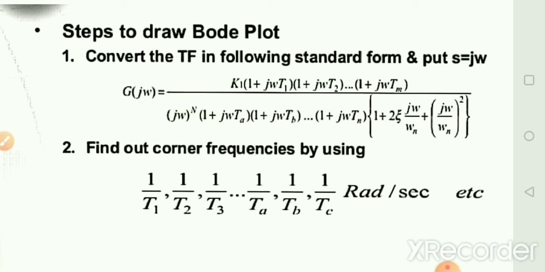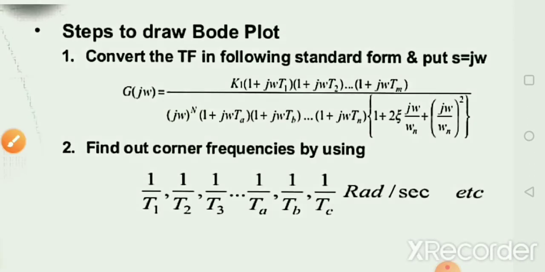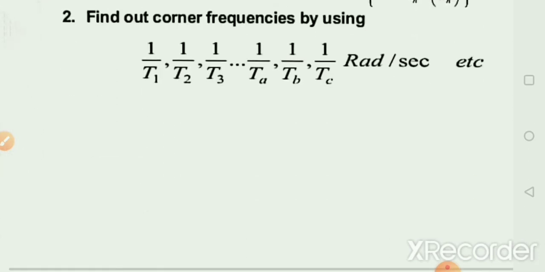Here T1, T2, T3 are for the zeros and Ta, Tb, Tc are for the poles. When we find the corner frequency, we take the reciprocal: 1 over T1, 1 over T2, 1 over T3 and so on, 1 over Ta, 1 over Tb, 1 over Tc, in radians per second.